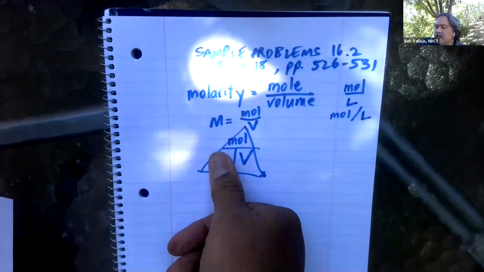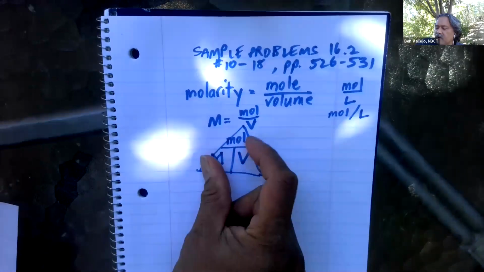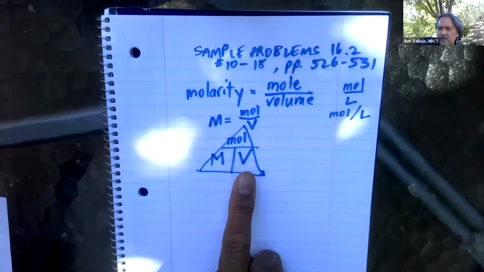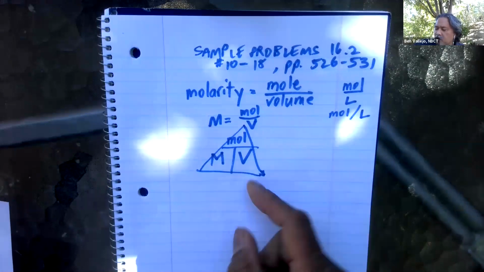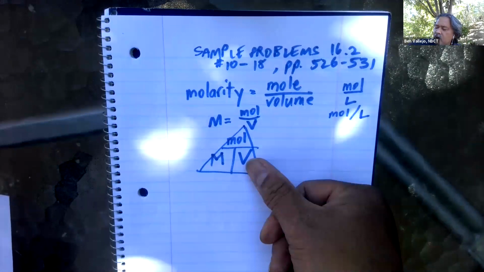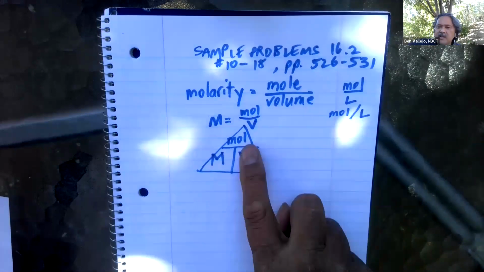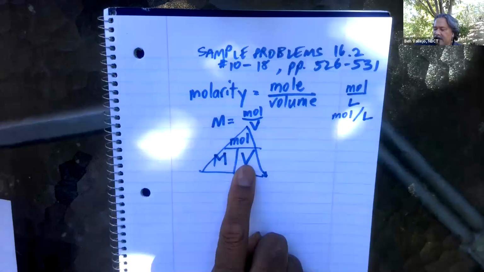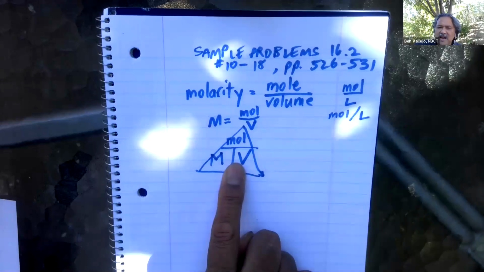Let's say I wanted to solve for volume. How many liters do I have? Then the information you need is moles over molarity. Similarly, if you're trying to figure out the number of moles and you know molarity and volume, you could multiply those together and get the answer. So, woo, the magic triangle.